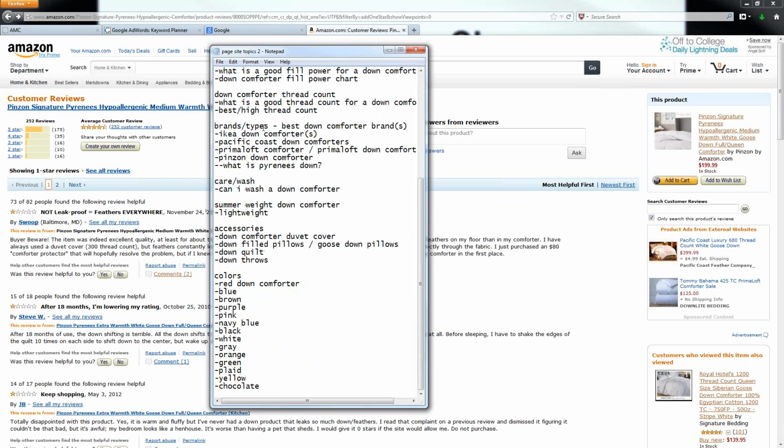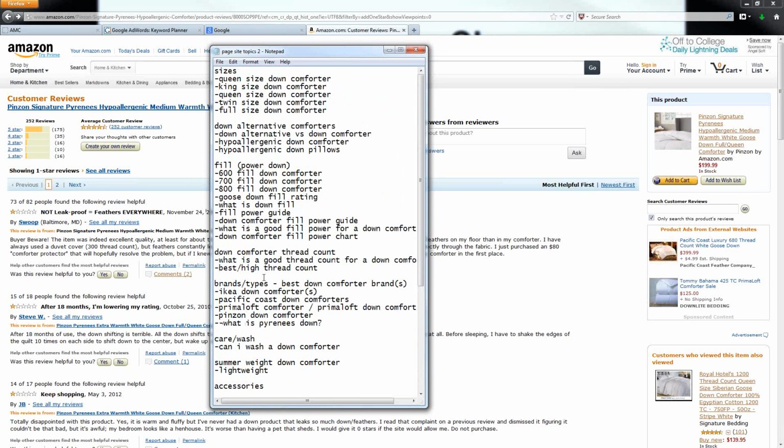So simply looking through this list right here, what I want to try to do is visualize how I could organize all of this information on my website in a way that makes sense to my visitors. It needs to be useful for them. And then obviously, like I was talking about a few minutes ago, I want to be able to take my visitors from these topics and forward them along to specific products that I'm promoting to try to complete my sale.